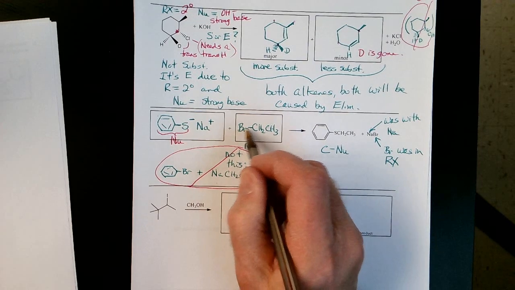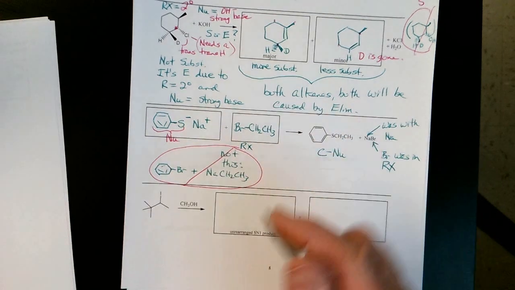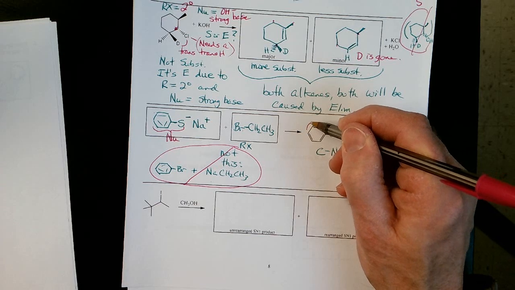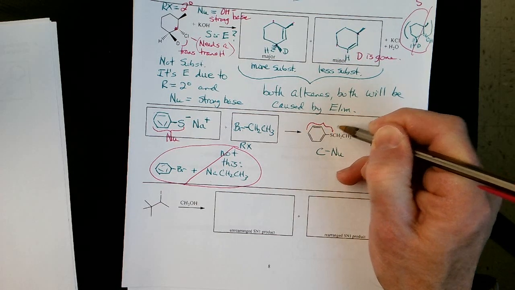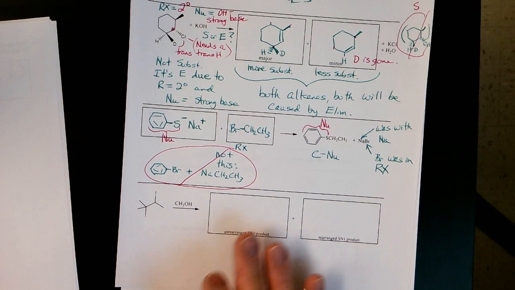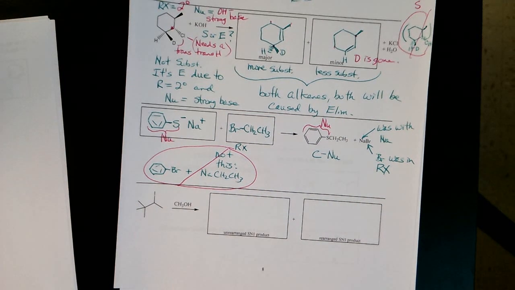And it knocks out the bromine. So that's why over in the product version of it, you can eyeball it and go, that much of it must have come from my nucleophile. Okay, so any more questions on that one?